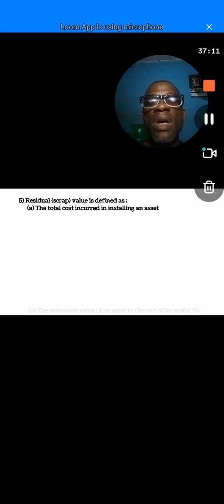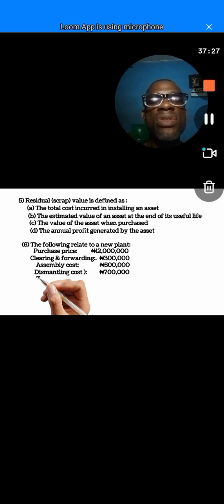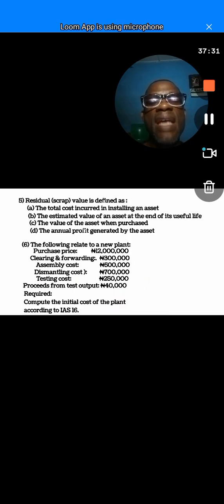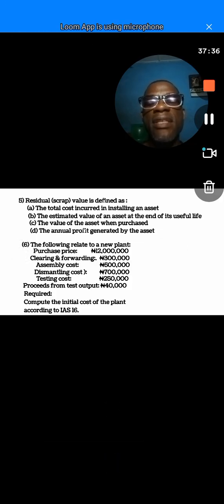Now, question 5 says residual scrap value is defined as: A, the total cost incurred in installing an asset. B, the estimated value of an asset at the end of its useful life.